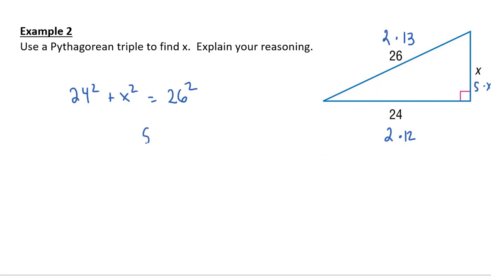So this is a 5, 12, 13 Pythagorean triple that's been multiplied by 2. That x there is really standing for 2. So I have 5 times 2. That last side length is 10.